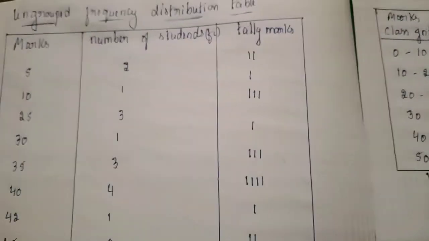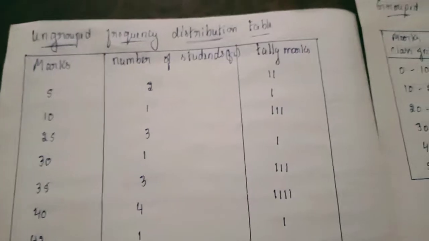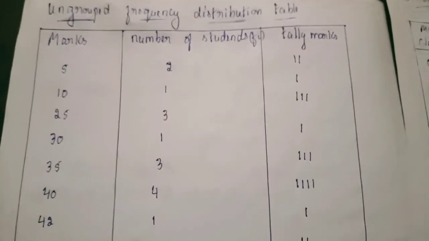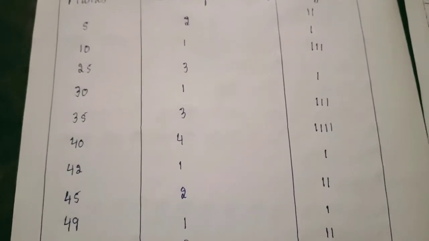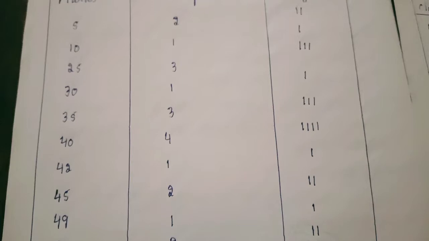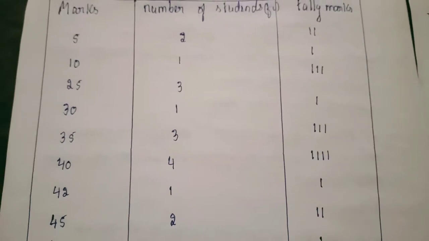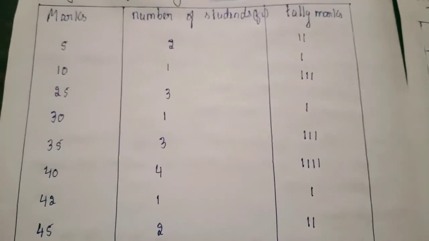In the previous video I took this example, so let me continue the same example. Here the number of observations is only 20, but if you have more than 20, like 50, 100, it is very difficult to do analysis. So let me take this example and convert it into grouped data.